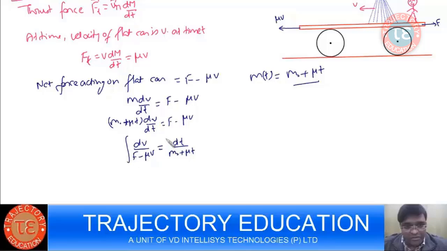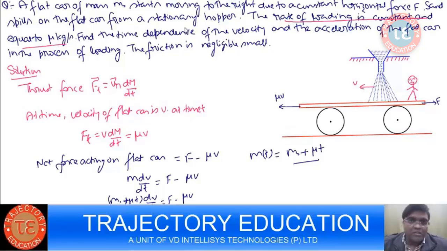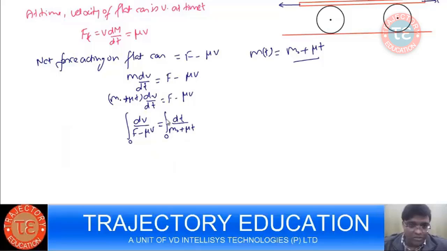So I'll integrate this. At time t equal to 0, the velocity was 0, since the flat car starts moving from rest. At t equal to t, the velocity was v.